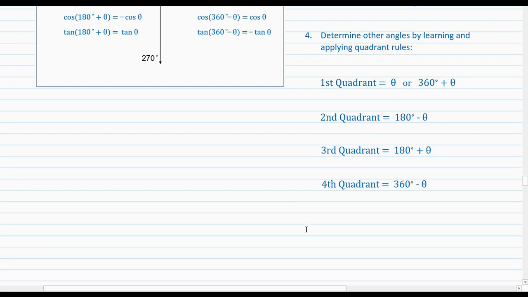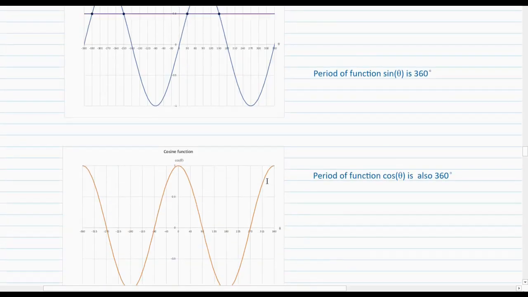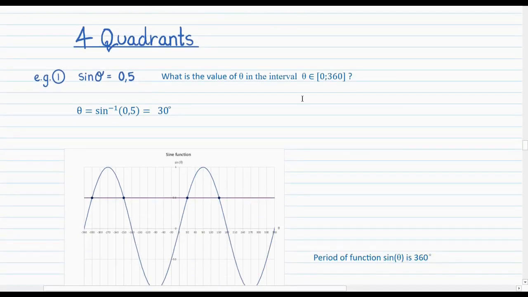And then the second angle that satisfies this is that which you get from applying the second quadrant rule, which is 180 degrees minus theta, giving a value of 150 degrees. And since in the question they asked only for values in the range of 0 to 360 degrees, we've got all the answers for the question.